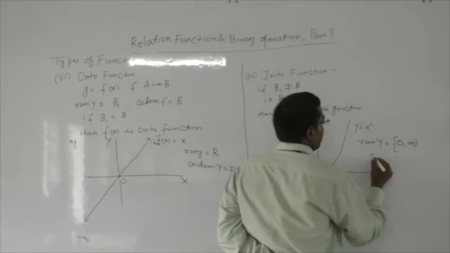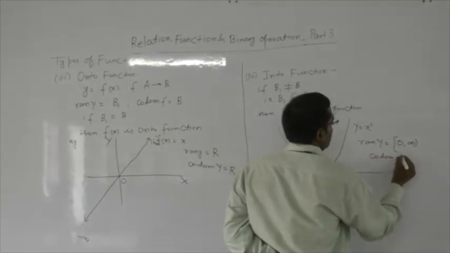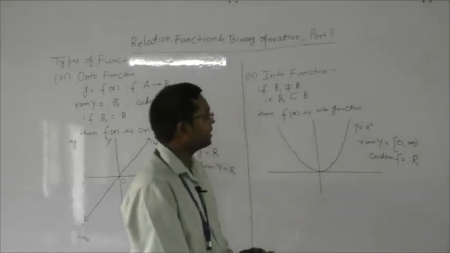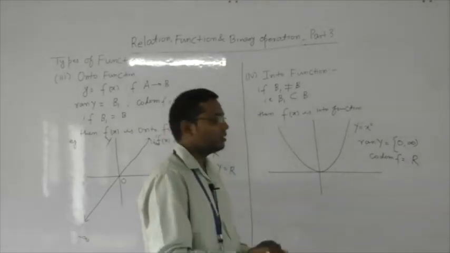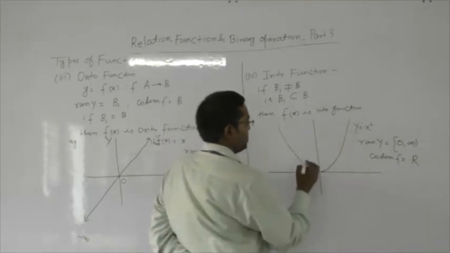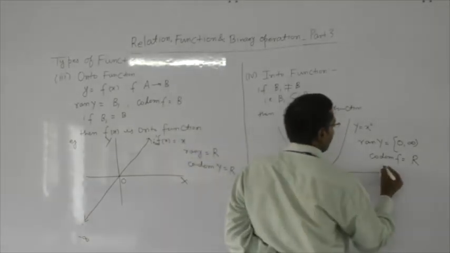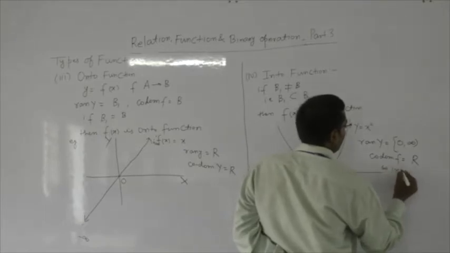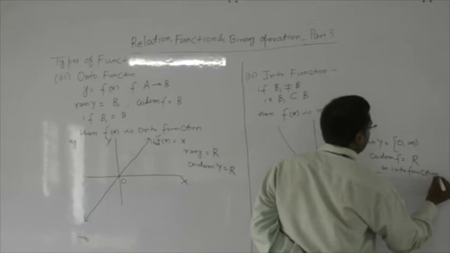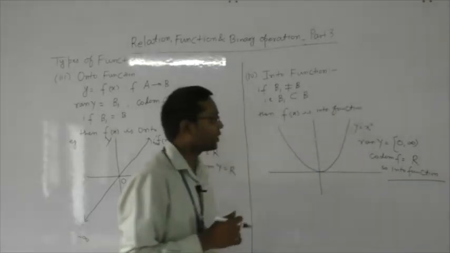And what is the codomain of this function? That will be all reals. If nothing is given, we consider the codomain as all reals. So that will be like this. So obviously it is an into function.